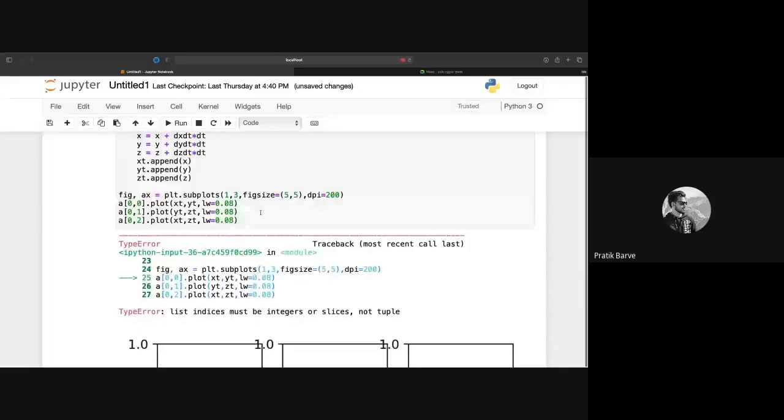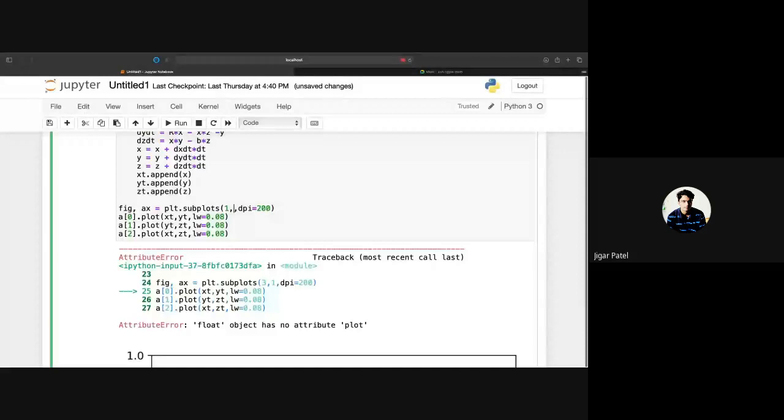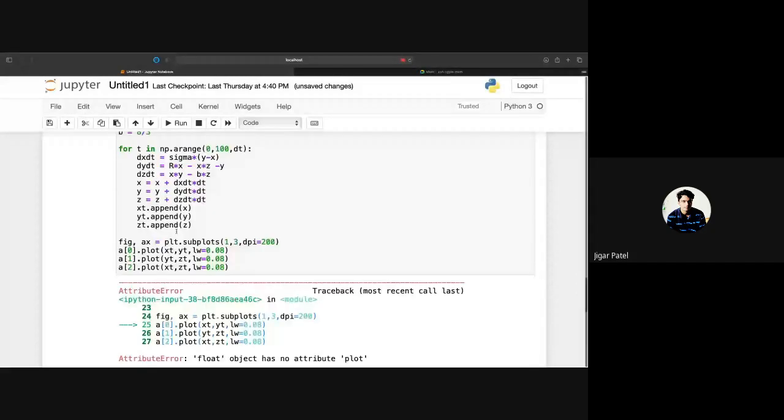I need 3 figures side by side like that. Okay, wait. I think you're right. My logic was wrong. No, see, this 1, 3 was correct. Okay, okay. But I don't understand why this is not working.